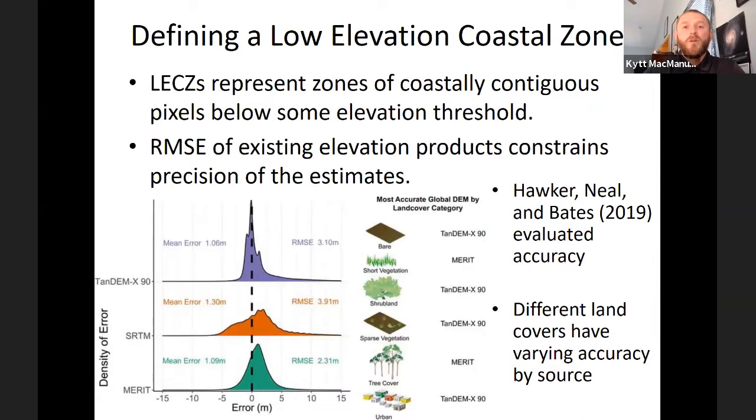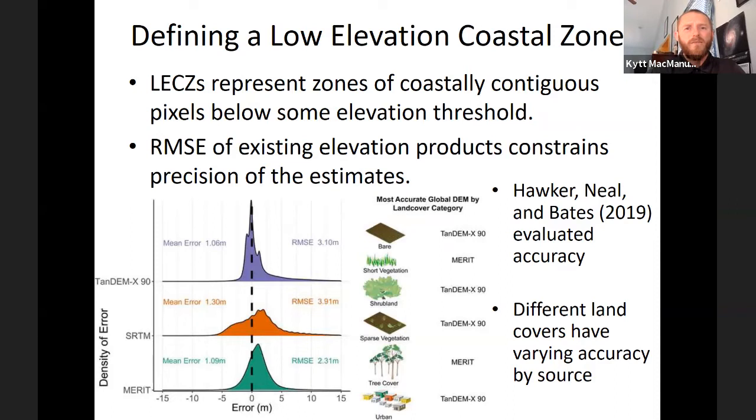It's useful to remember, I know in this audience most of us probably know what a low elevation coastal zone is, but for those who might not, I want us to remember that LECZs represent zones of pixels that are coastally contiguous.